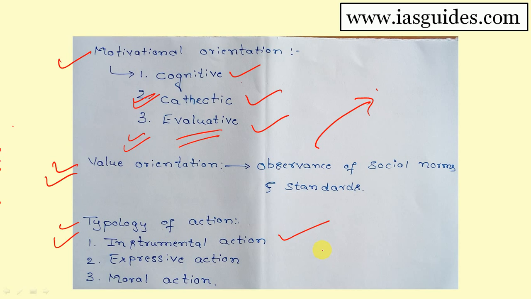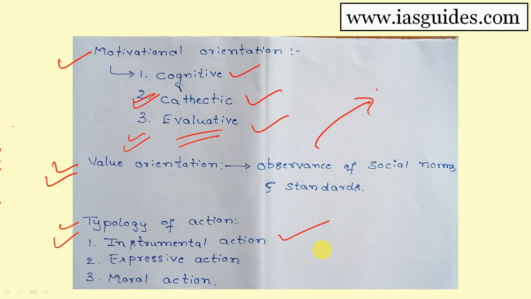Weber has also given types of action; in other concepts in sociology, I will be explaining that. In Weber's typology, one type is rational action, which is equated with instrumental action of Talcott Parsons. This instrumental action deals with the achievement of a goal of an actor in the social system.